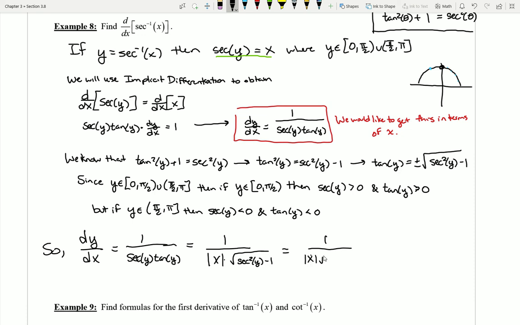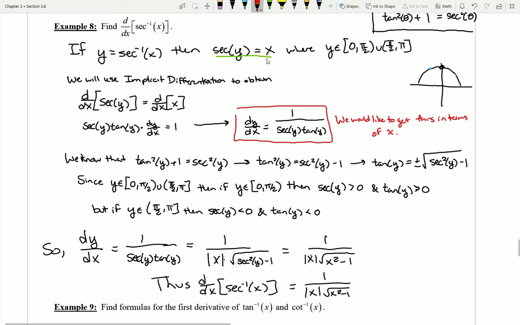I can replace secant of y with x, and since the secant was being squared, my x is being squared. And now I actually have a derivative formula. The derivative of the inverse secant function is going to be 1 over the absolute value of x times the square root of x squared minus 1.